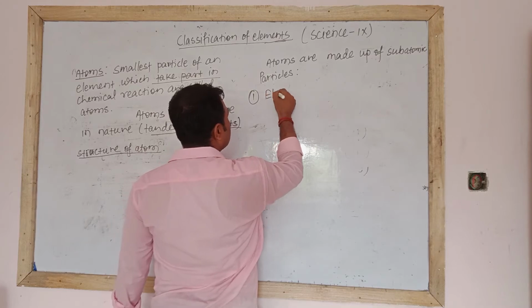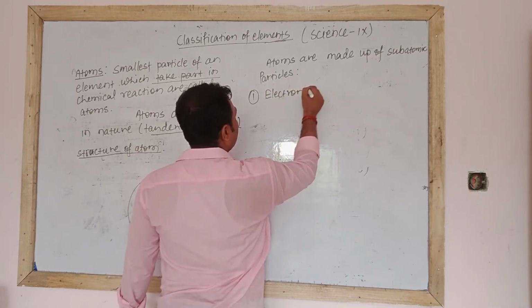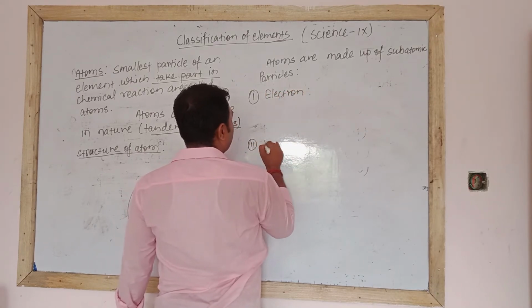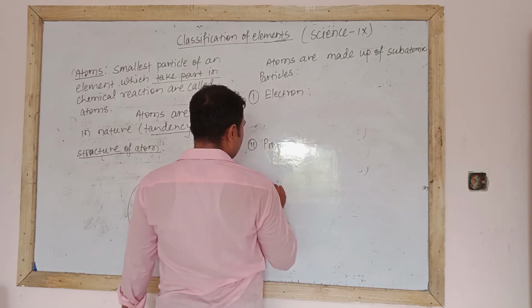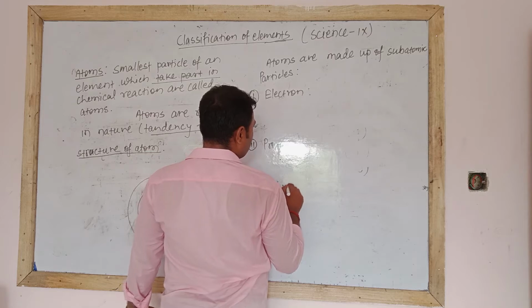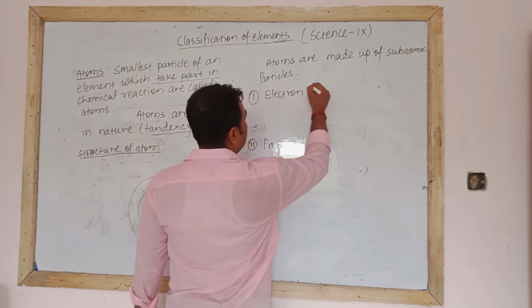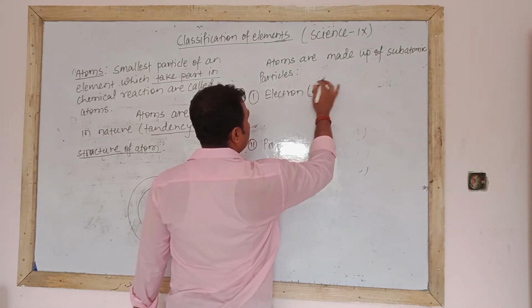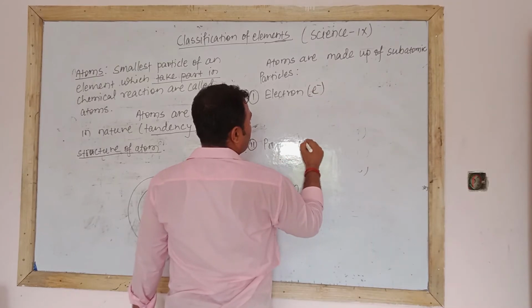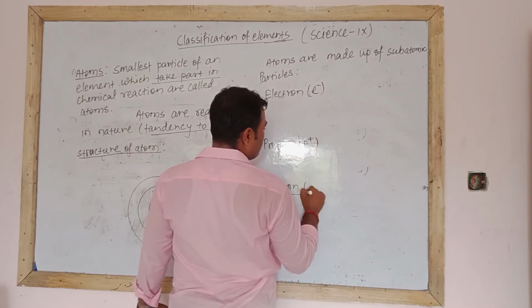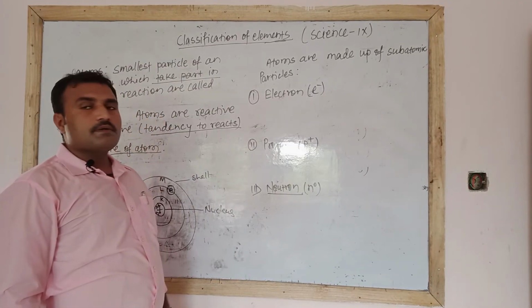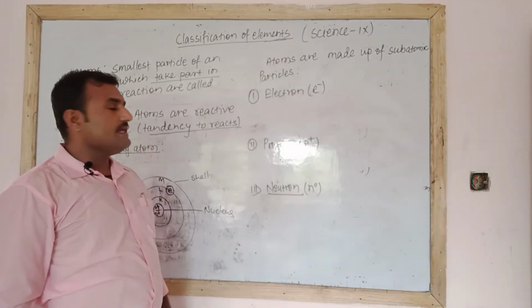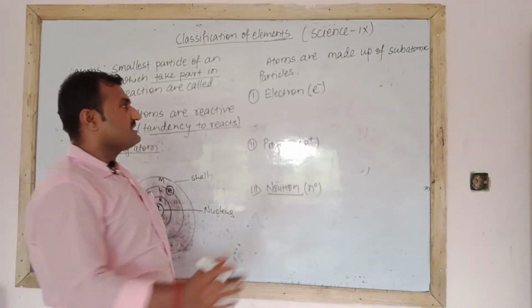At first, electron, proton, and neutron. Generally, these are the three subatomic particles. Electrons are represented by e minus, protons by p plus, and neutrons by n zero, neutral.